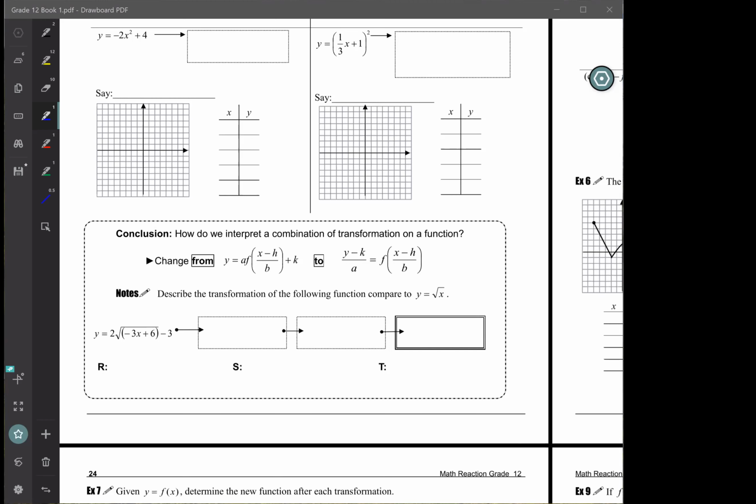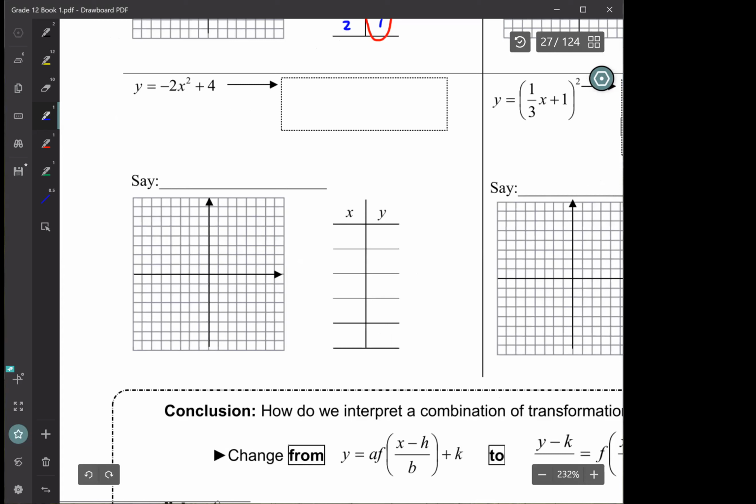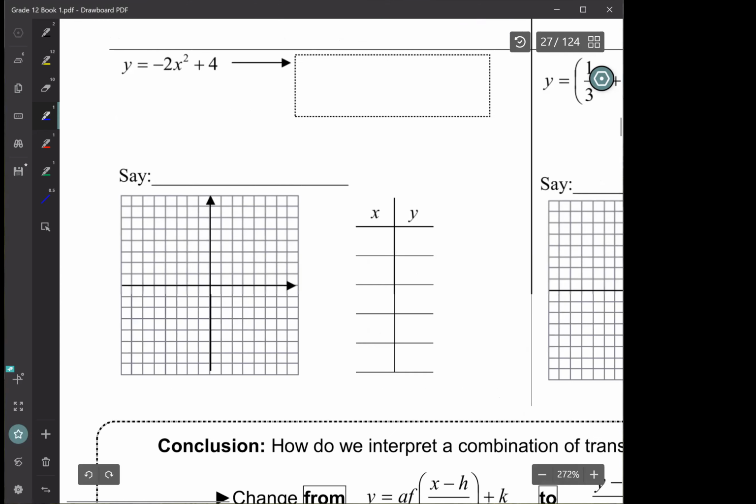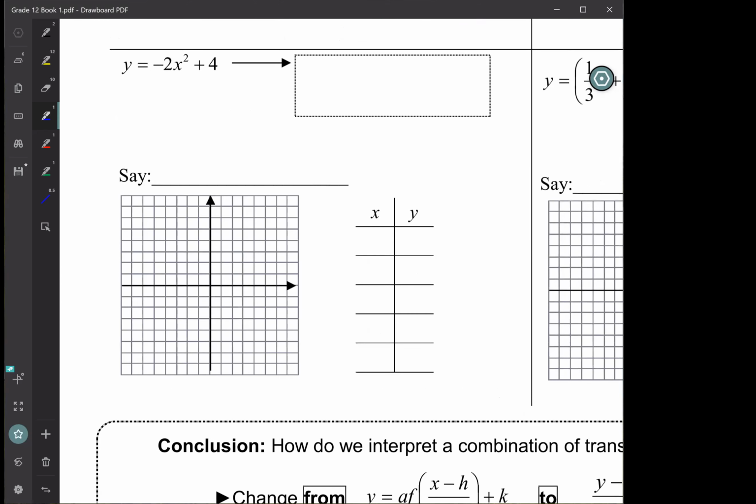So let's look at the first one here, on the left side. Before we begin, all the rules that you just memorized only apply after you get the story form. Story form is to move things to the y side and make sure the number is under.